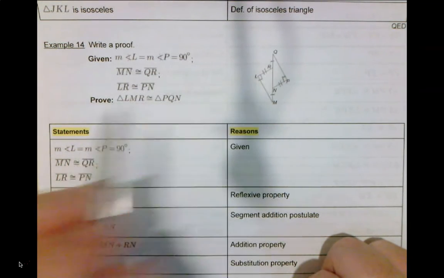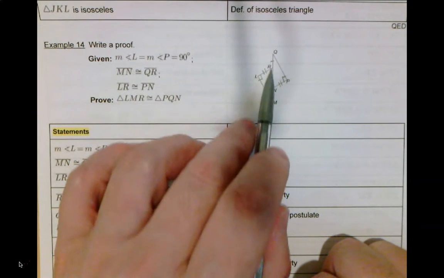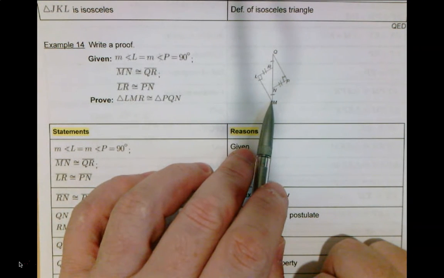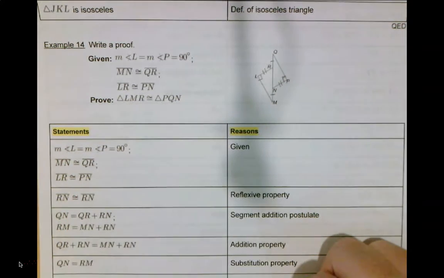In triangle LMR, MR is the hypotenuse, and in triangle PQN, QN is the hypotenuse in the triangle on the right.